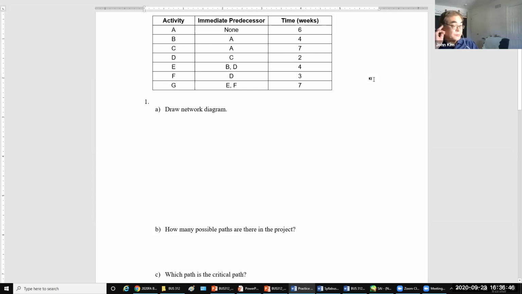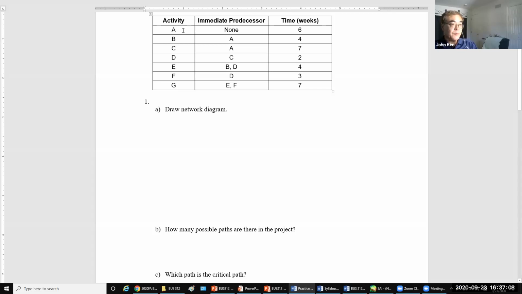In this practice problem and the earlier example, there is only one starting point. Only A doesn't have an immediate predecessor, but that is not necessary.